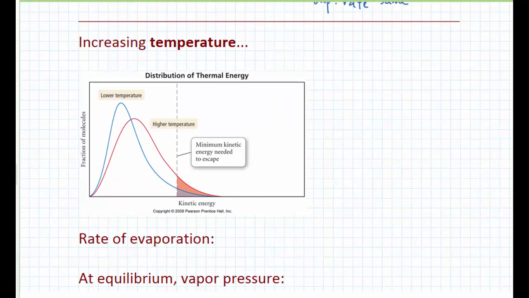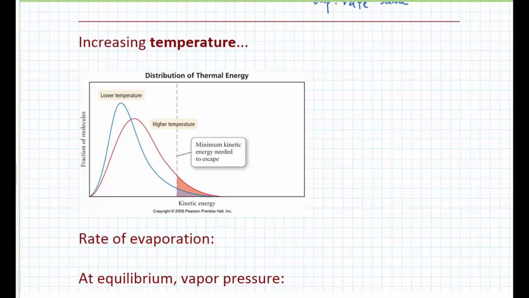Increasing temperature. What did we say increasing temperature does to those molecules? Yep, increases the rate of evaporation because increasing the temperature gives them more kinetic energy.